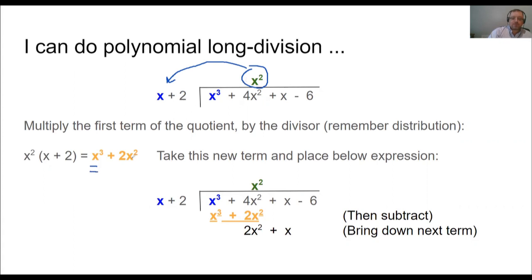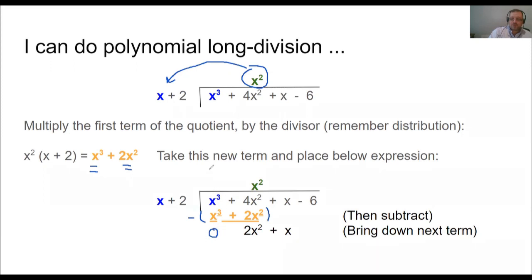X squared times 2 is 2x squared. That's all I'm doing, getting those two expressions, and I write it beneath it here. And then all I do is subtract, just like I did in division. And if you do it correctly, this will always be 0, because that's the purpose.